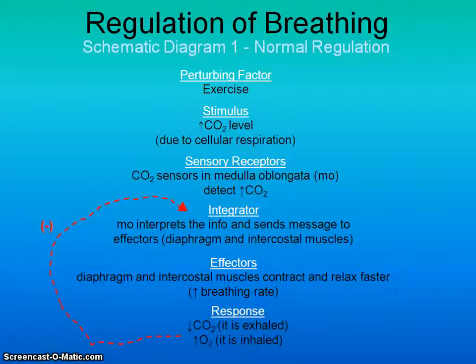They're going to detect the increase in CO2, and because it's that part of the brain, it interprets the information and sends a message to the effectors. So those are the muscles that are going to deal with it. It sends a message to the effectors, which are your diaphragm and intercostal muscles, and they will respond by contracting and relaxing faster, so they increase your breathing rate.